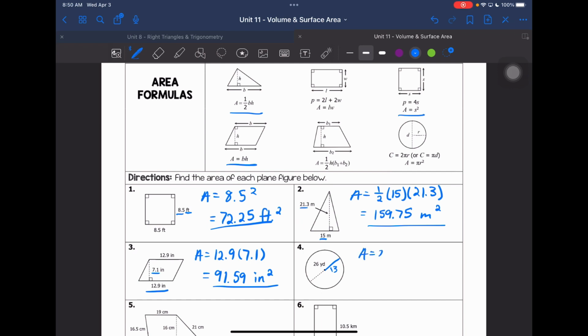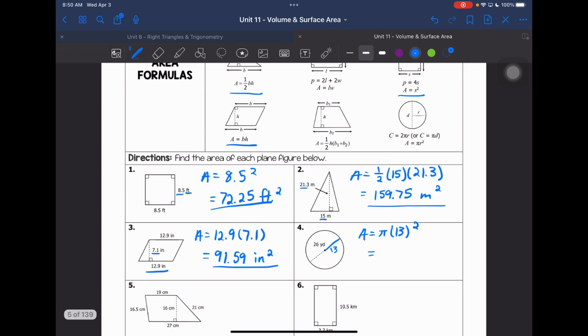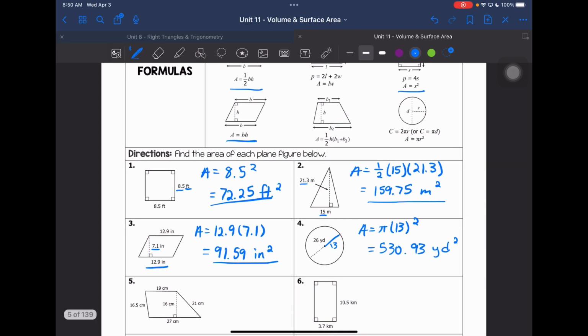So we're going to say pi 13 squared. To find the area, you can just type that into your calculator. There's a button for pi. Instead of having to type in 3.14, the more exact answer would be typing the button for pi, and I can show you how to access that in the calculator. Then parentheses 13 squared, that comes out to 530.93. And this time our units are yards squared.